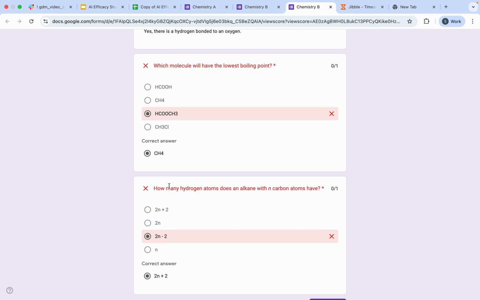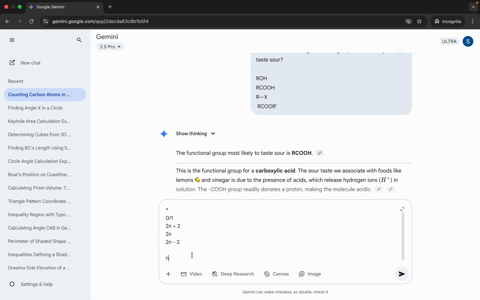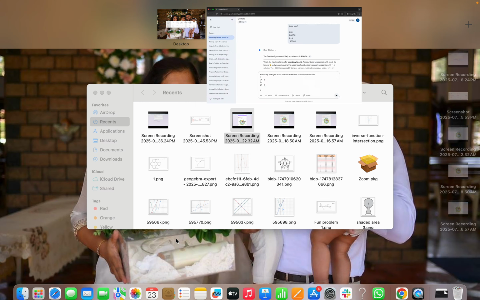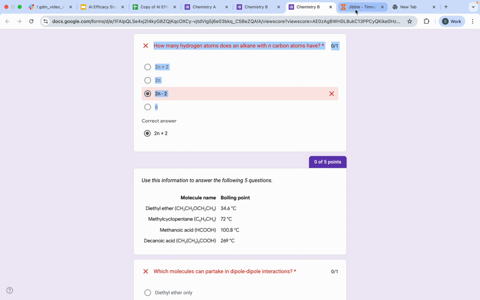How many hydrogen atoms does an alkane with n carbon atoms have? Let's ask this question also to Gemini.